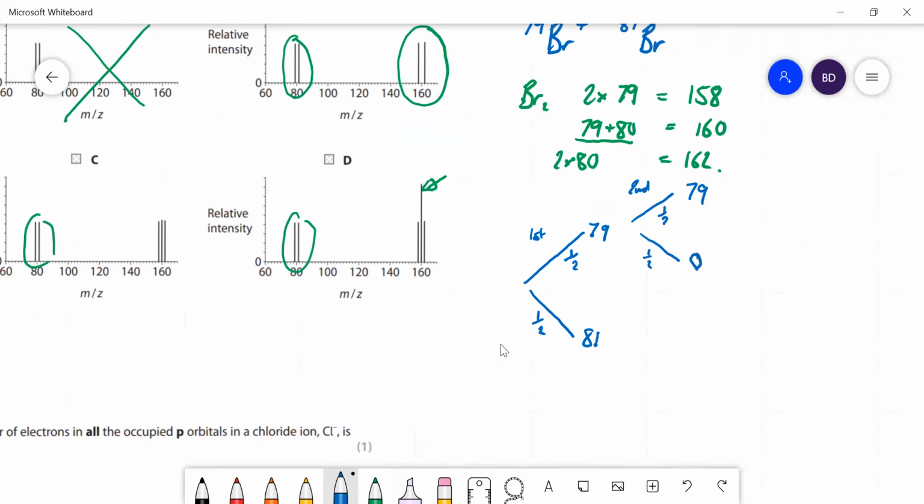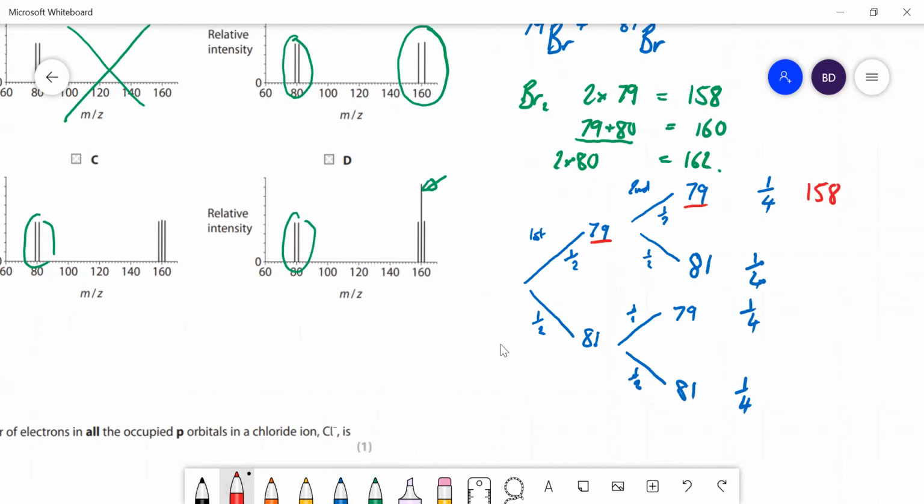And the same here, 79 or 81, 1 in 2 chance. So you can see the chance of each of these outcomes is a half times a half, so that's a quarter, and a quarter there, and a quarter there. Right, what's going to be the m/z of those? Well, 79 and 79 is going to be 158.